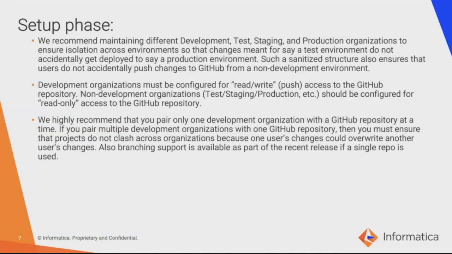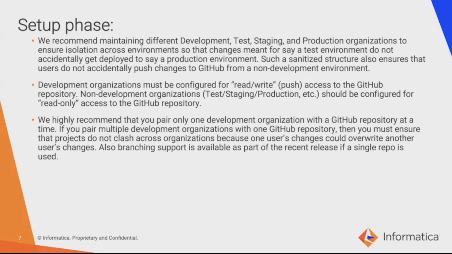So you might want to handle such scenarios by using a different repository if need be, or you could possibly even use a different branch altogether if you're using multiple dev orgs. But if it's just a typical standard SDLC template where you just have one dev, one QA, and one prod, they can all still be connected to the same repository, but just be configured with different branches if need be, right? So this is the initial setup.